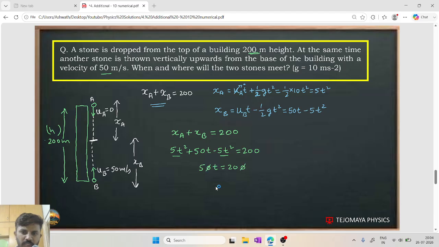Here the zeros get cancelled. So t is equal to 20 divided by 5, which is 4 seconds. So after 4 seconds they meet. Correct, no? Right? Yeah. Next.